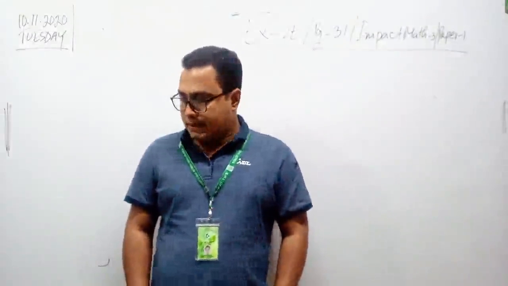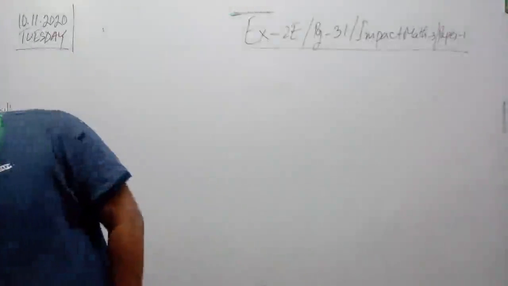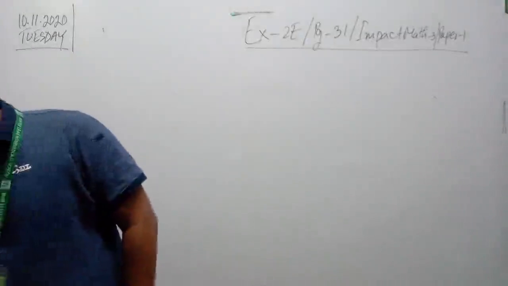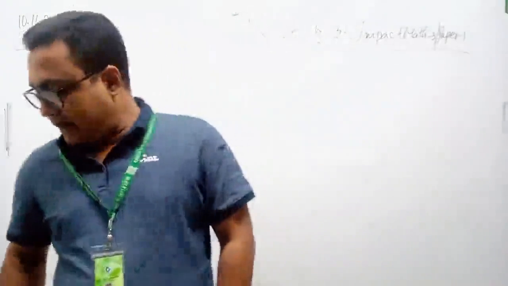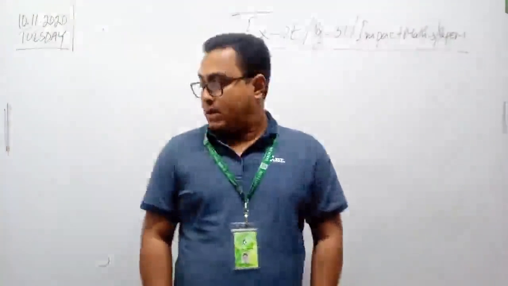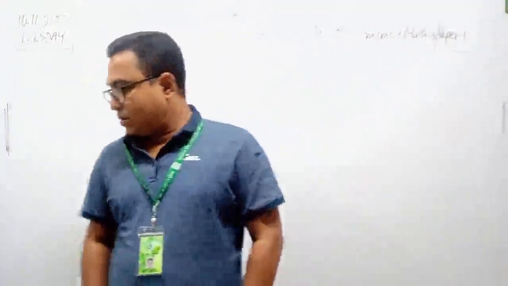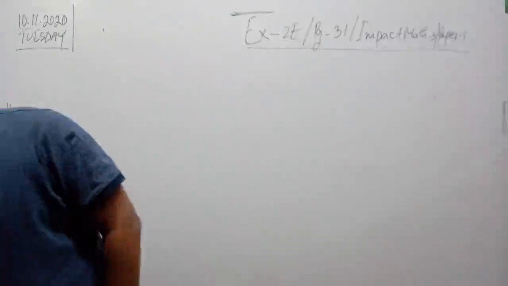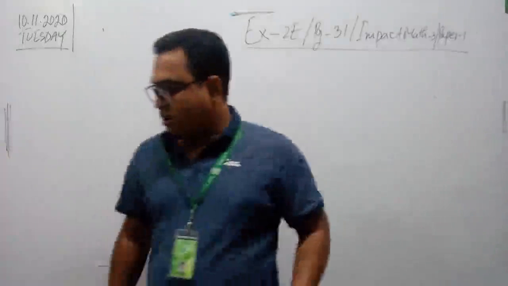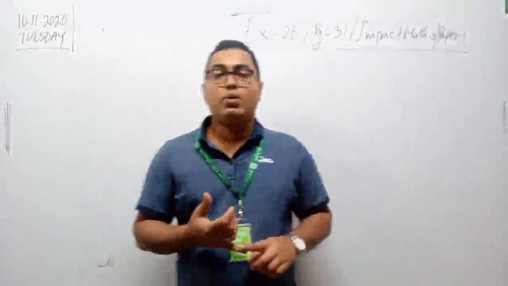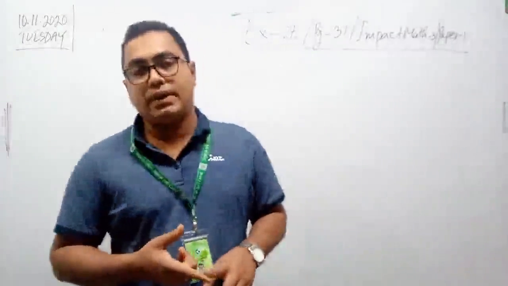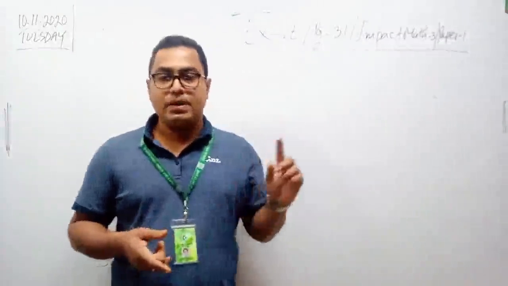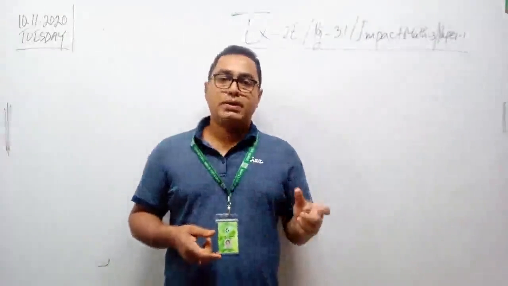Our today's exercise is exercise 2E. Multiplying brackets, bracketed expressions. Here look, in this exercise, they have given method 1, method 2. These types of questions will never come in the exam using these two words, method 1, method 2.